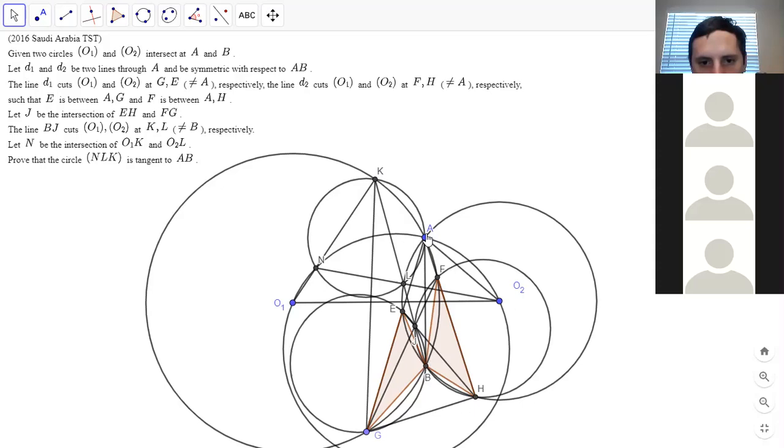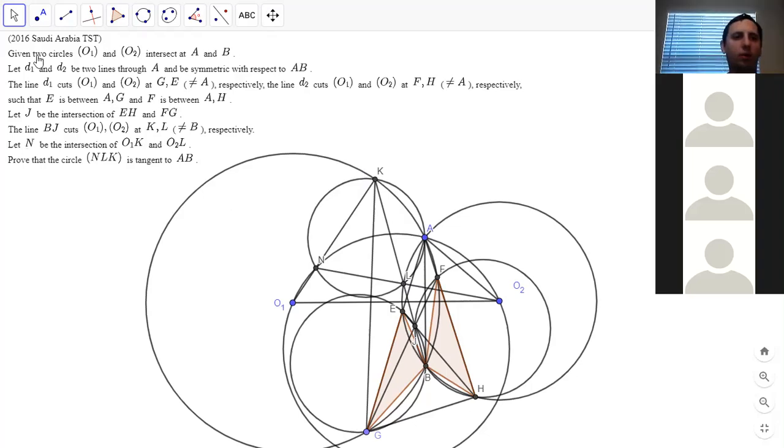KBA? Yeah. Well, sorry, why is that? Oh, because O is the center of the circle. Yeah. Okay. And that is twice LBA, and that is equal to LO2A. Okay. So LOK is equal to LO2A. No, AO1K. Sorry, A, O, and K.